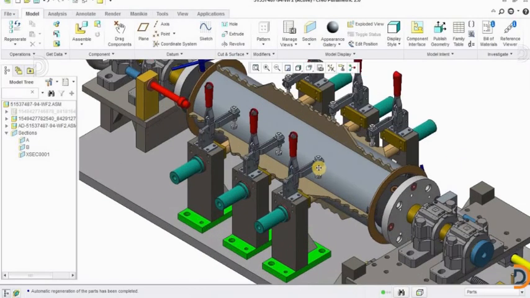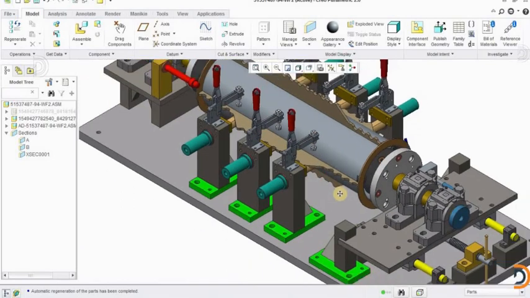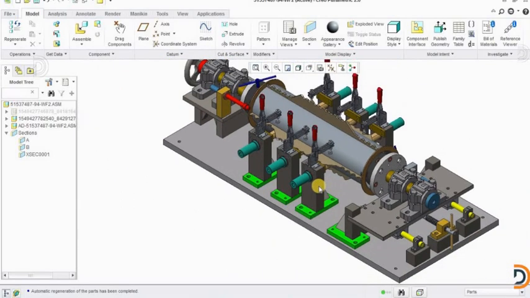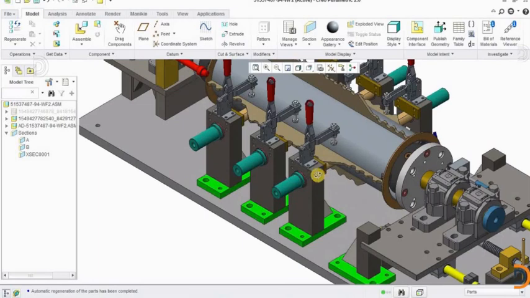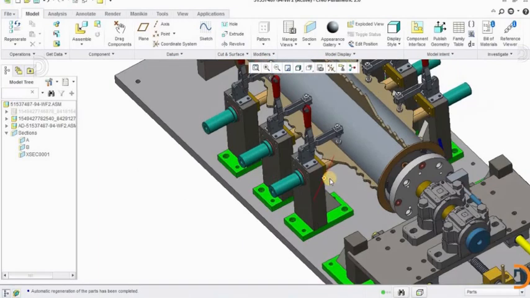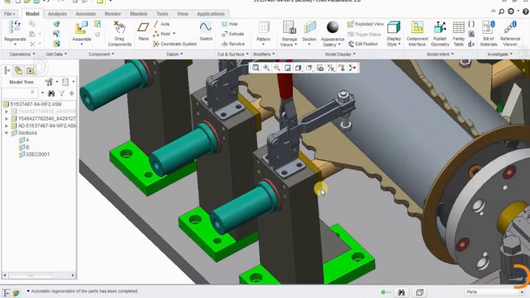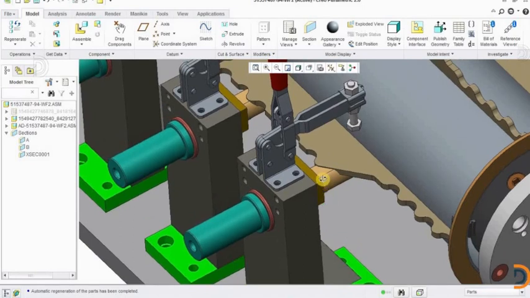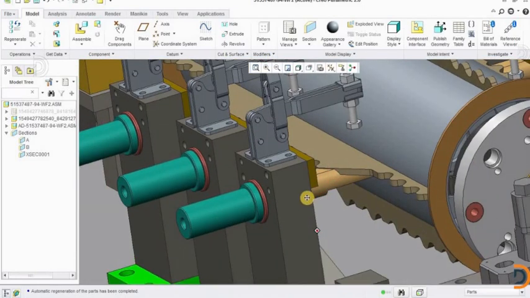Here this is the welding fixture which we made for one of our clients. Now here you can see the slider assembly which we had in the assembly tutorial.